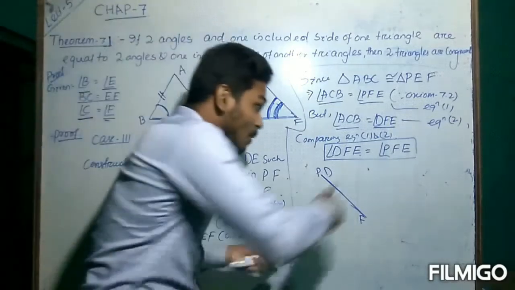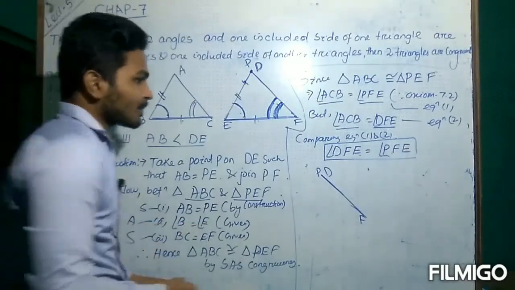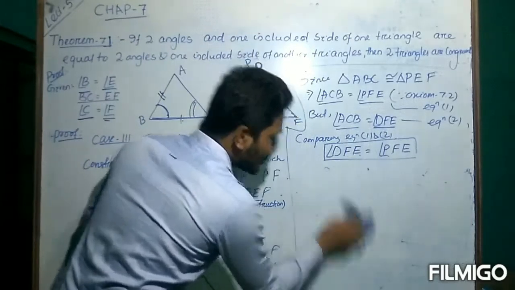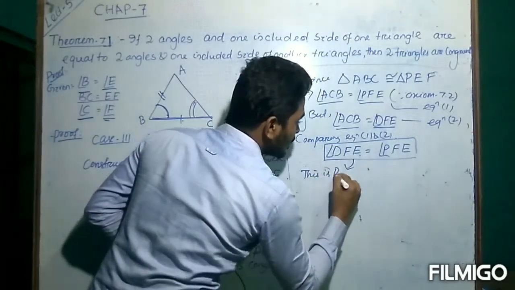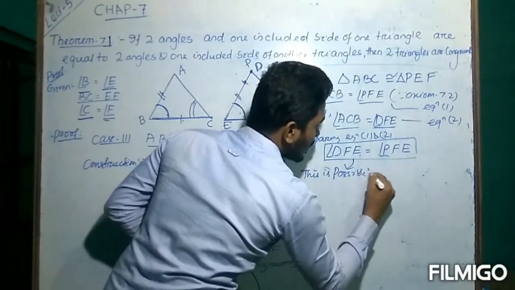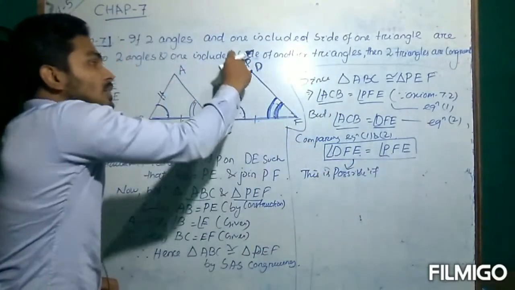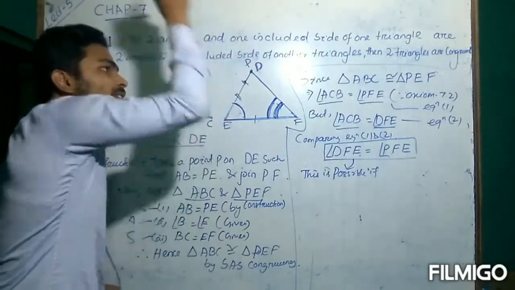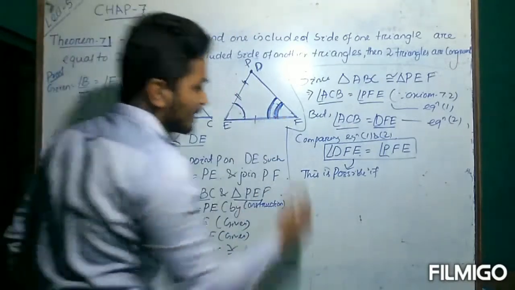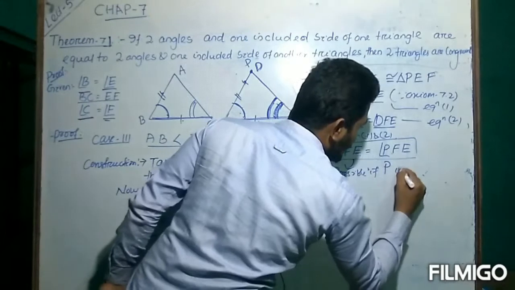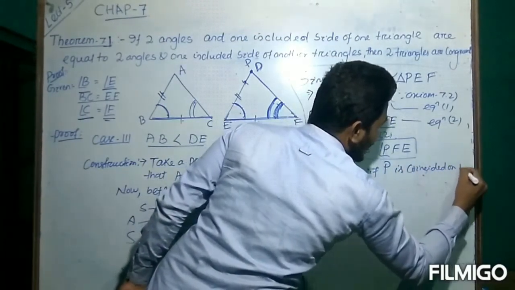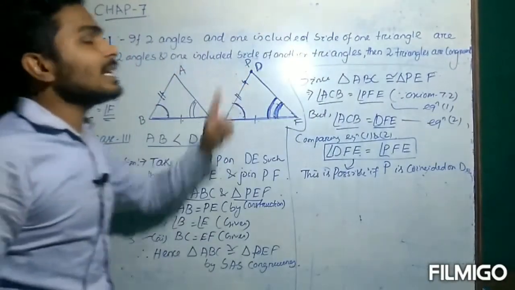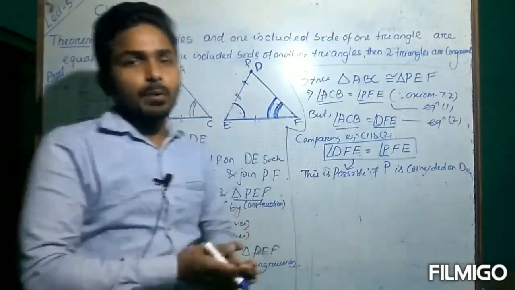So this is possible if P is coincided on D. This is a very important point. Coincided means P and D are the same point, they are not different points.